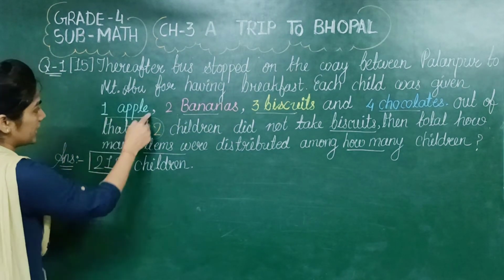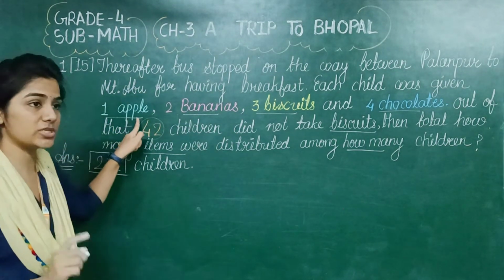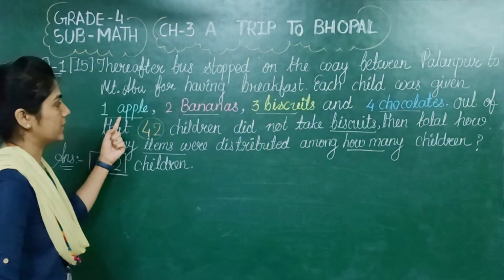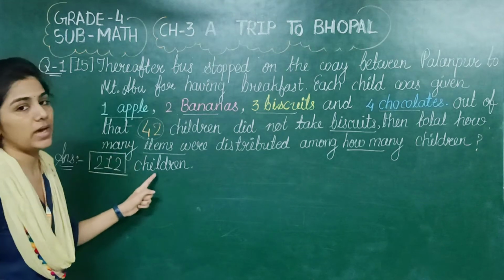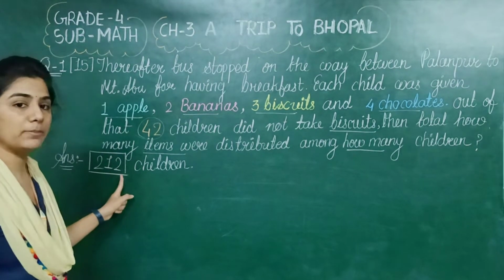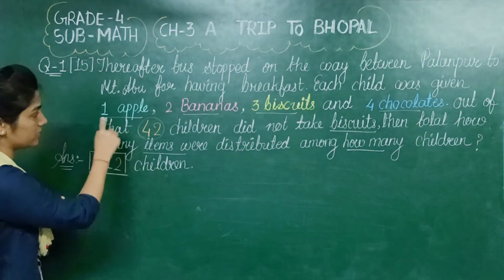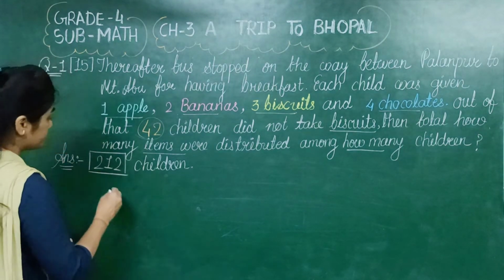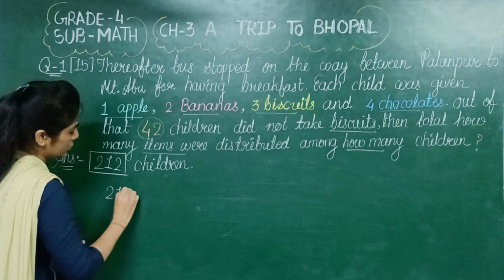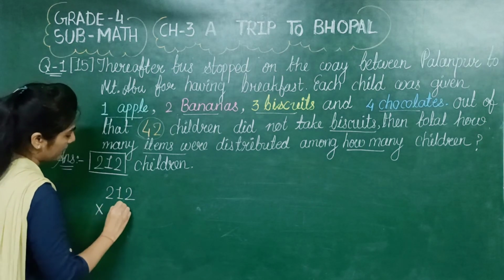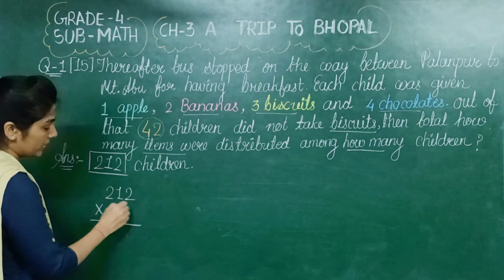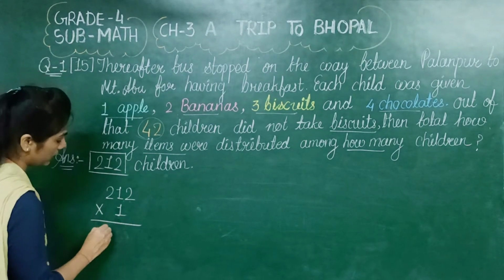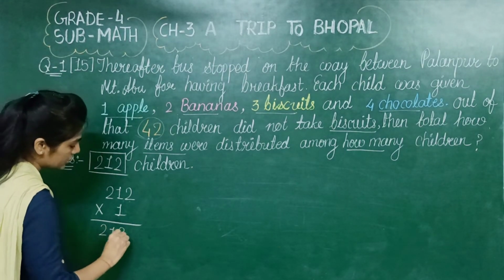So first we'll take the apple. See, each child is getting 1 apple. That means this many children are there, so we have to multiply these 212 children with this 1 apple. 212 multiplied by 1, the same answer will come, 212.